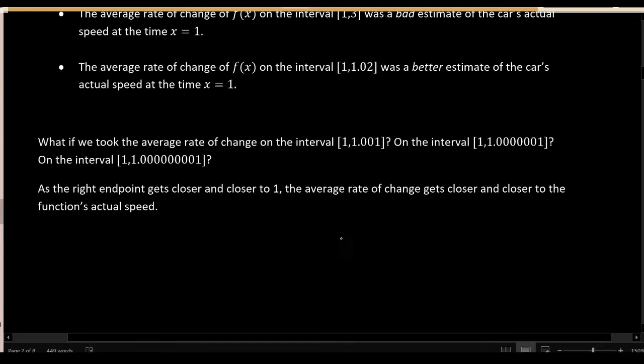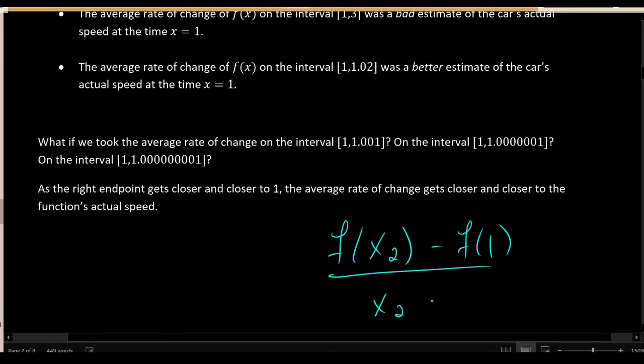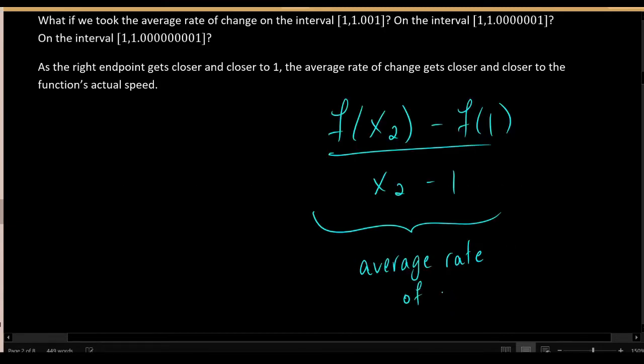So in other words, I'm going to take the number of miles on the odometer at some later time. Let's call it x2. I'm going to subtract the initial number of miles on the odometer. I'm going to divide that by the difference in the 2 times, and this is the average rate of change. This is the car's average speed.